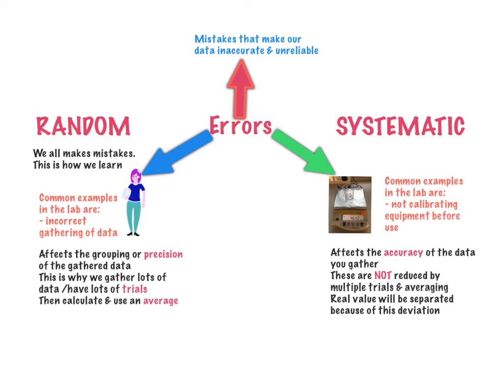Now, in a future lesson, I'm going to be talking about something called an uncertainty. Uncertainties are errors in the equipment we use, if you like, and you'll find them as plus or minus a value.